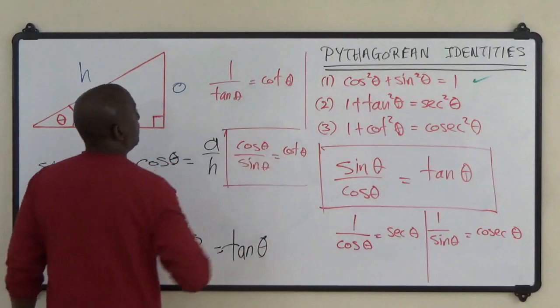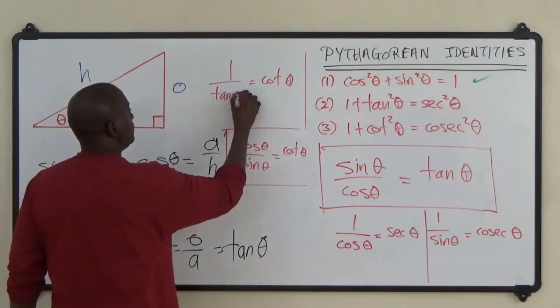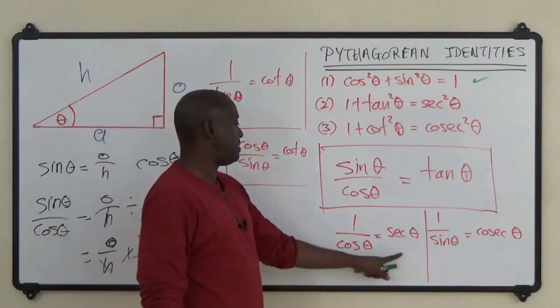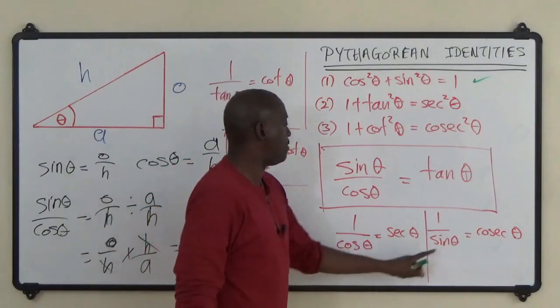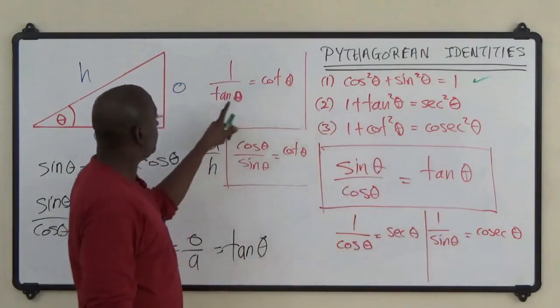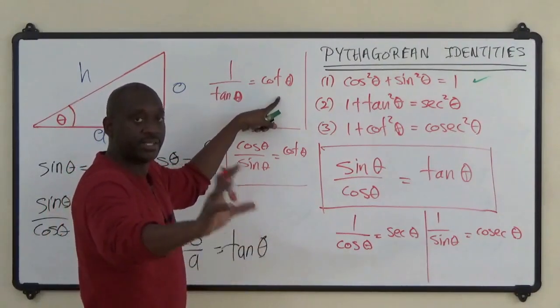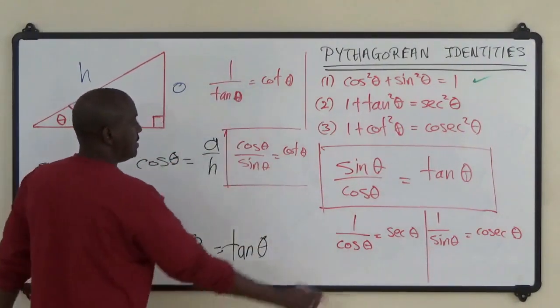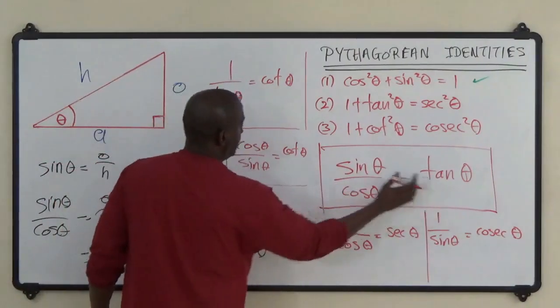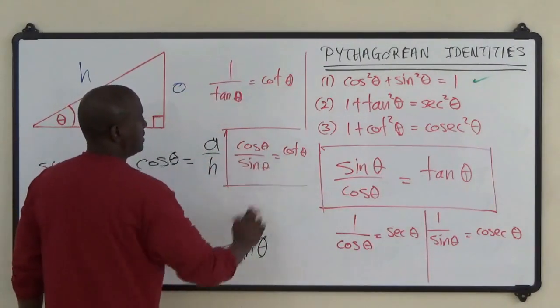All right? Right. So 1 over cosine is sec, 1 over sine is cosec, 1 over tan is cot. Right? So you could arrange it however you want to arrange it if you're taking notes. And of course, if sine over cosine is tan, then cosine over sine is cot theta.